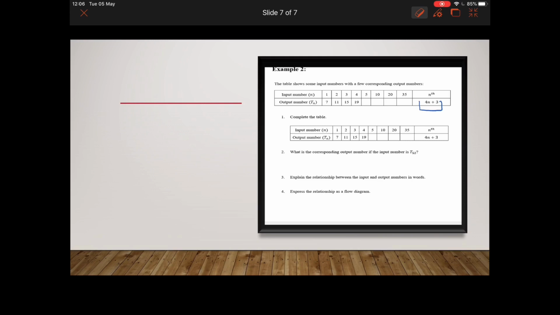So how you go about doing that is a simple case of substitution. So we know the formula. The formula is Tn equals 4n plus 3. So now we need to just substitute 4 values in: 5, 10, 20, and 35. So 4 open bracket 5 plus 3 is equal to, 4 times 5 is 20 plus 3 is 23. So we can fill that in. Then 4 open bracket 10 plus 3 is equal to 43.